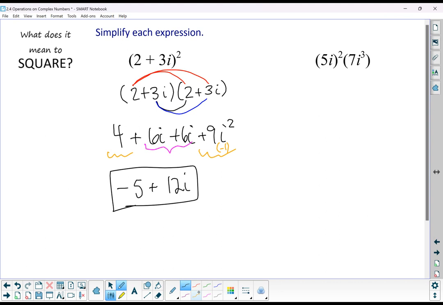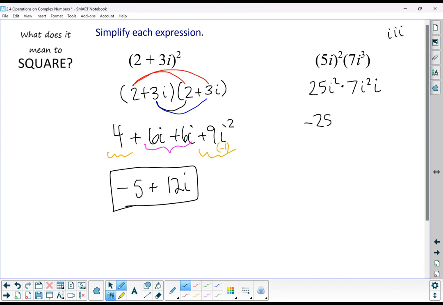Okay, now we have 5i that is being squared, and we're multiplying by a 7i to the third power. Well, a 5i squared is the same as 25i squared, and that's the same as negative 25. And then I need to multiply that by 7i to the third power. Well, i to the third power is just like i times i times i.